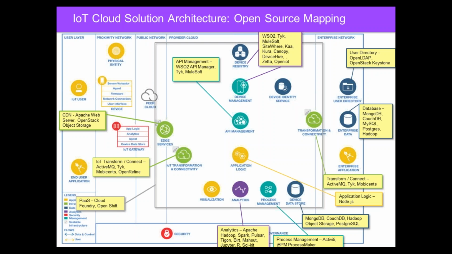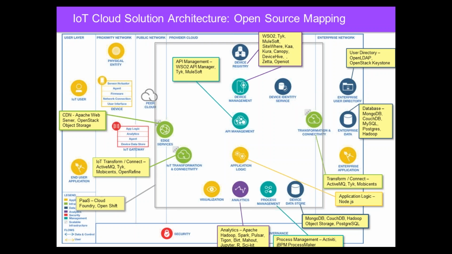And then further, we have at the bottom here the analytics capabilities, and here there are a whole series of analytics capabilities available in open source, and we've listed a few here again. Hadoop, Spark, which is becoming a lot more popular now and becoming the basis of a lot of analytics programs.